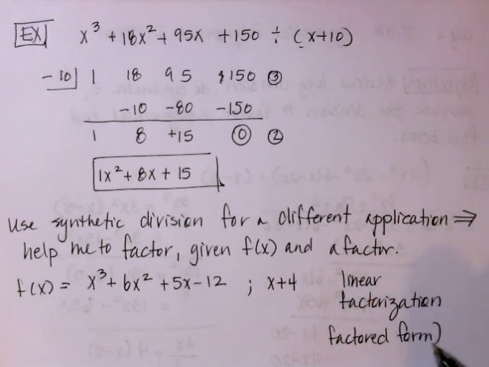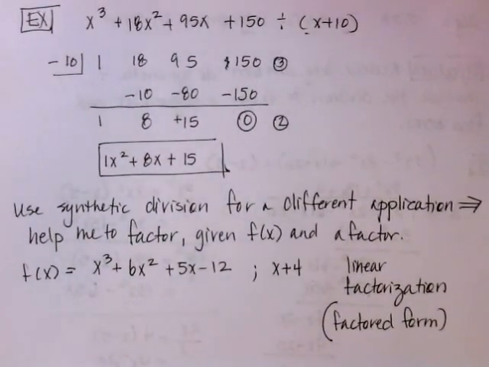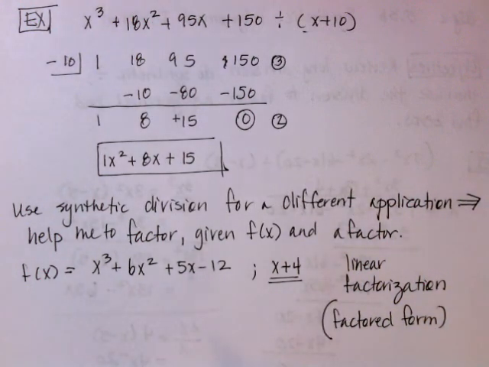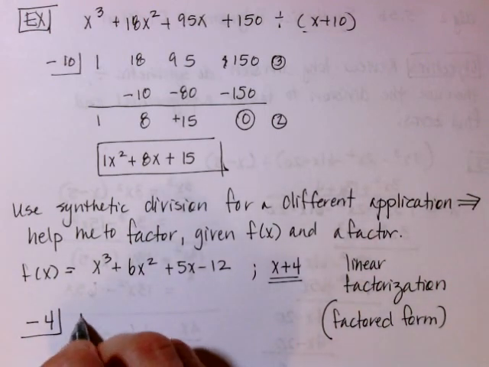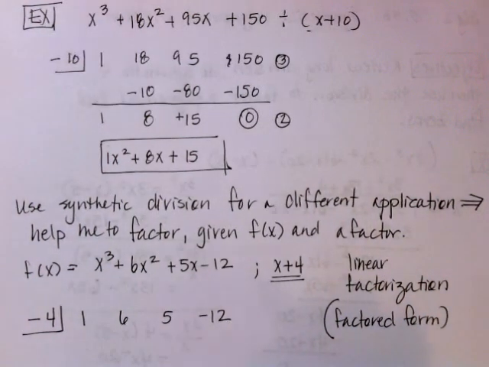And remember, since it's a third degree polynomial, I'm going to have 3 factors. So I'm going to start by using this factor, and I'm going to do synthetic division. So I'm going to divide by a -4. I don't need a placeholder, so I'm going to write a 1, a 6, a 5, and a -12.